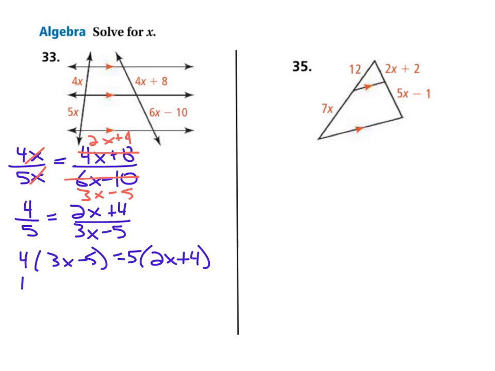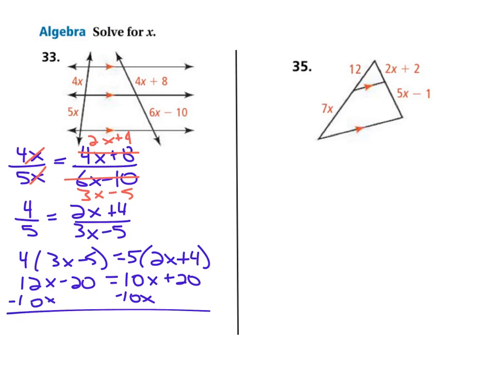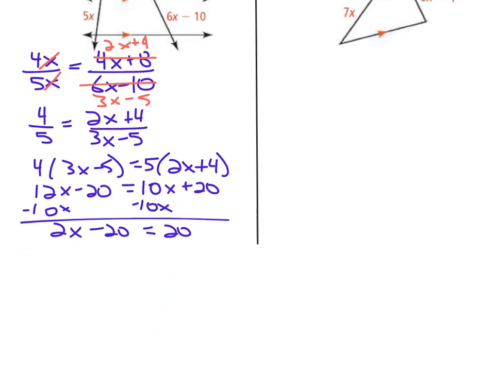And then when we multiply through, we get 12x minus 20 equals 10x plus 20. Okay, so I'm going to subtract 10x from both sides, and we get 2x minus 20 equals 20.